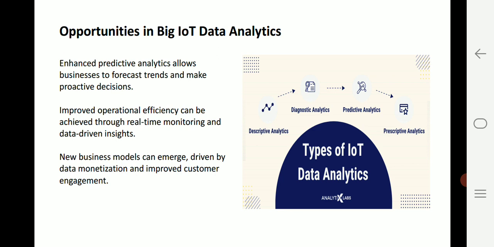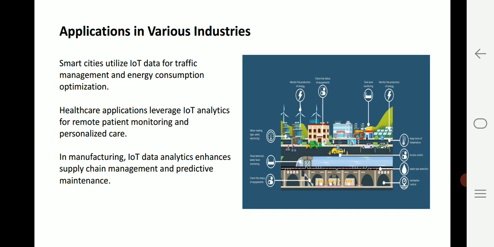So there are different types of analytics. I already told descriptive analytics, diagnostic analytics, predictive analytics, prescriptive analytics. Not only this, there are different types, but I have shown here to give an idea.